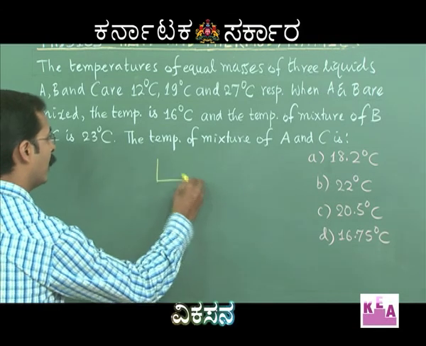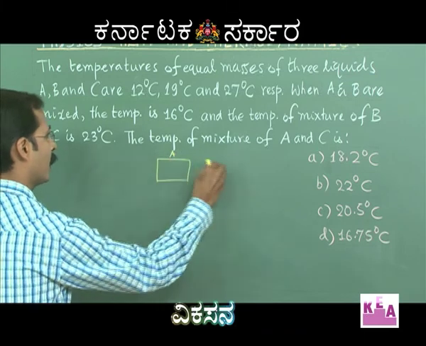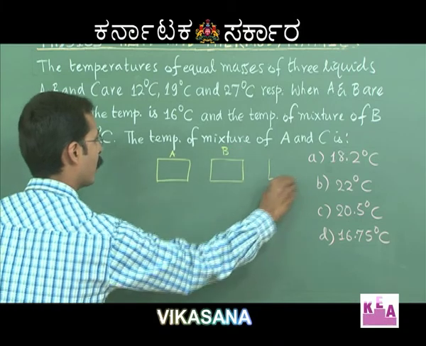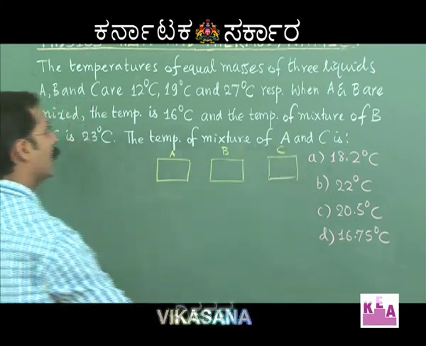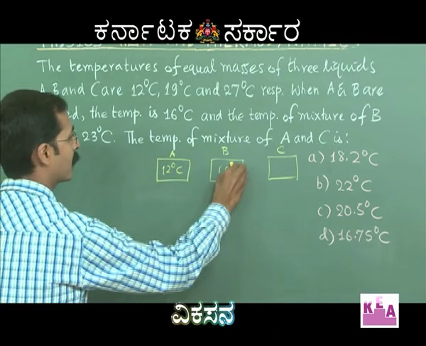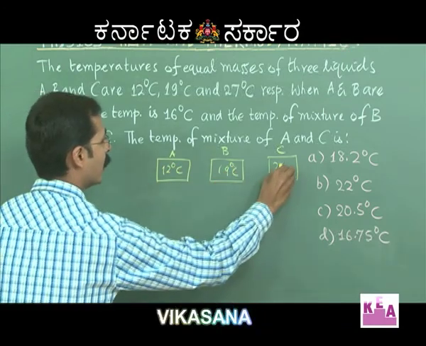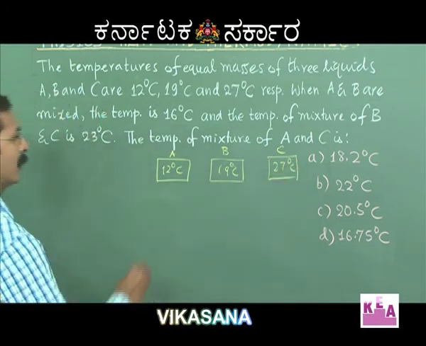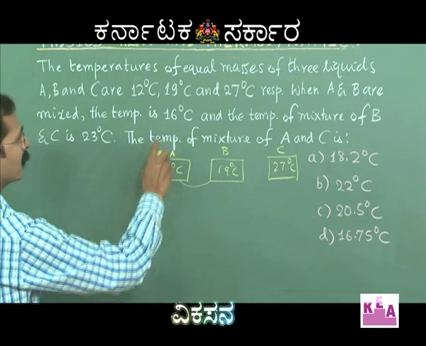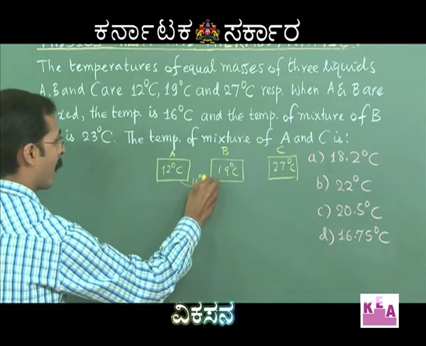Now, I have 3 liquids, one is A, the other is B, the other is C. A is at 12 degrees Celsius, B is at 19 degrees Celsius and C is at 27 degrees Celsius. If I mix A and B, the temperature is 16 degrees Celsius.